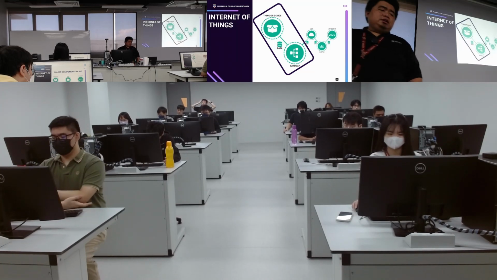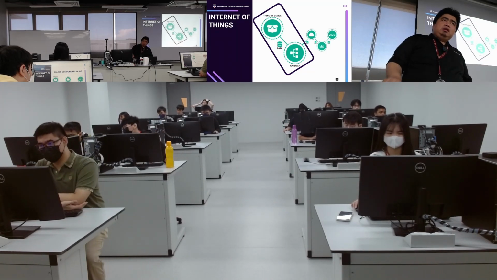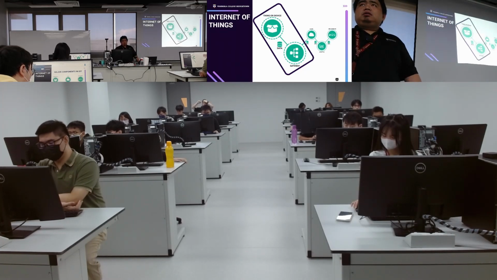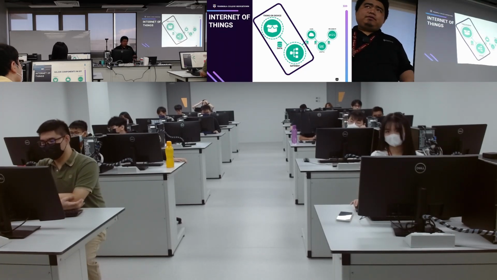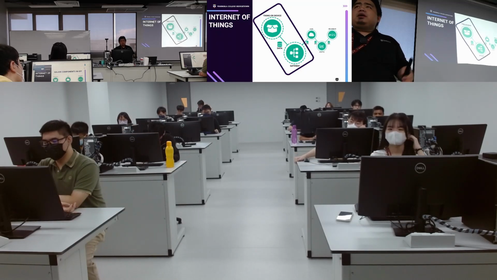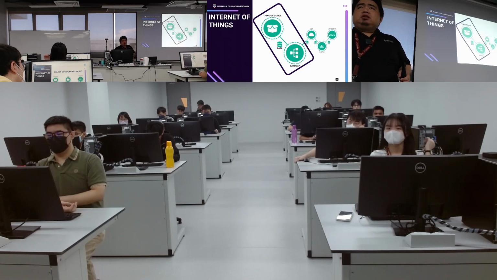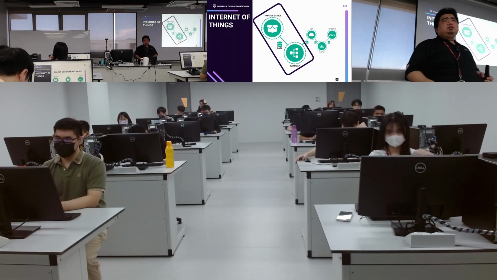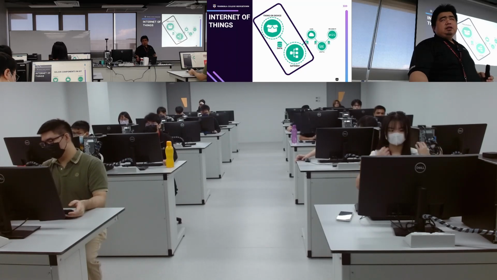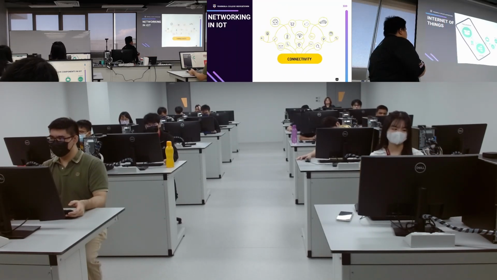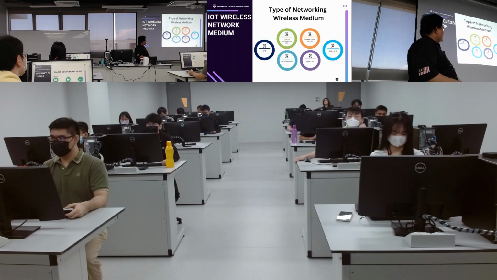So the communication is between your thing and your gateway. What we did yesterday is just programming. It's not communication. Even if it is communication, it's through serial communication using our USB. But today we will make use of networking.